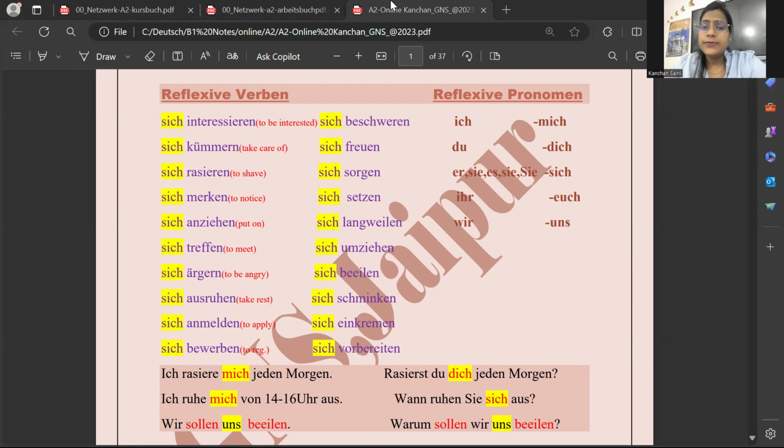And if the verb is reflexive, it means we have to use the reflexive pronoun. See the reflexive pronouns on the right side. For ich, we use mich.